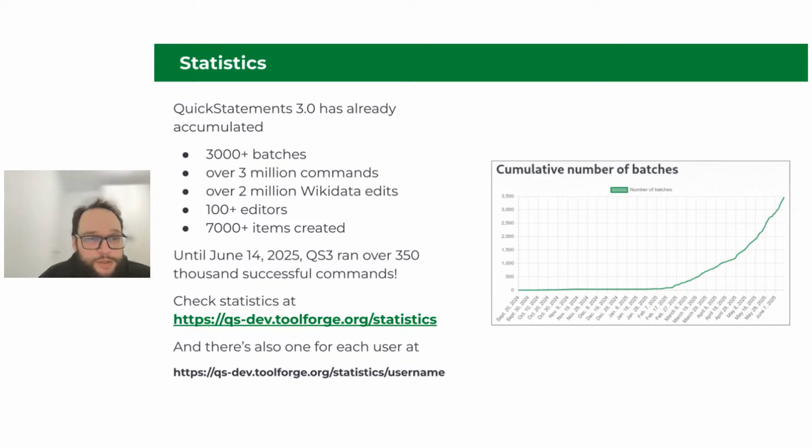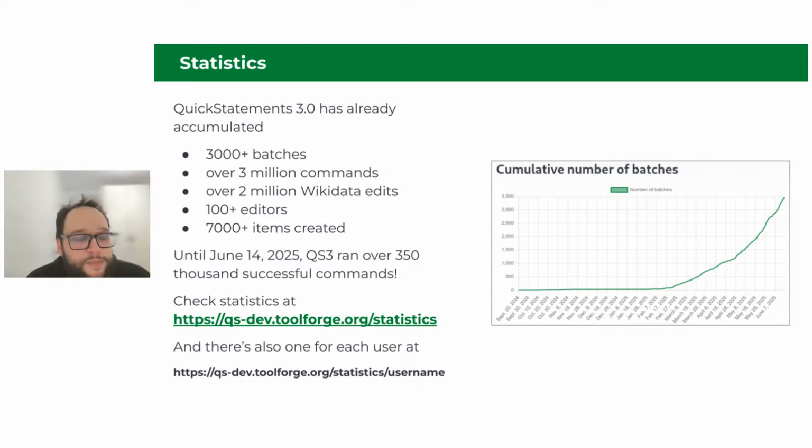We had more than 3,000 batches already, which originated over 3 million commands and more than 2 million Wikidata edits. The base of editors has been growing and growing and growing. We had more than 100 editors by this time. I think that this number changed. I think that we are over a few, I don't know how to say in English, but tens.